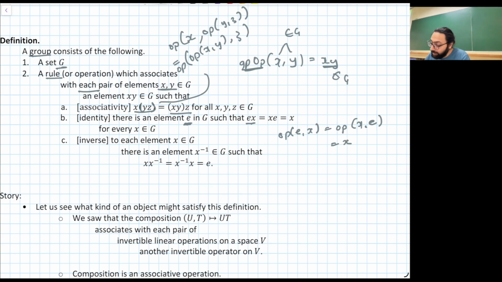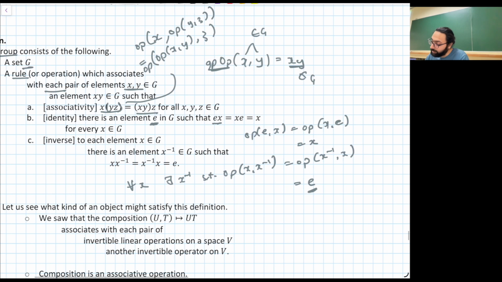And the inverse is saying that for all X, there exists some X inverse, such that when you apply the operation in either order, you're going to get the identity element. And the identity element is defined like this, for all X.